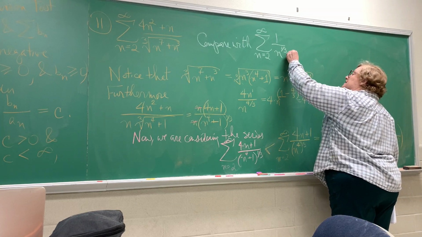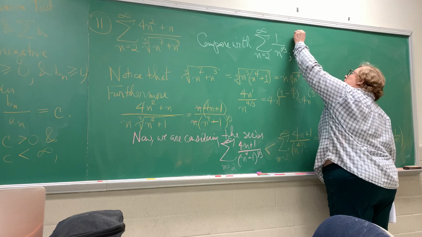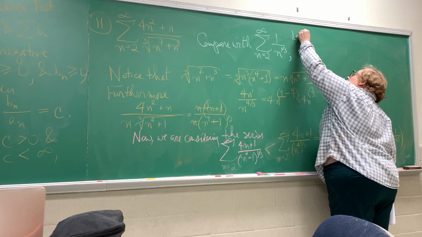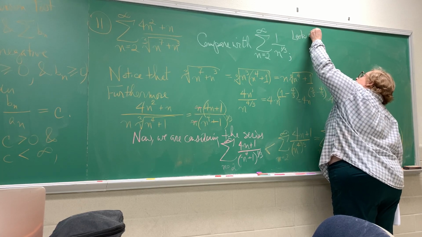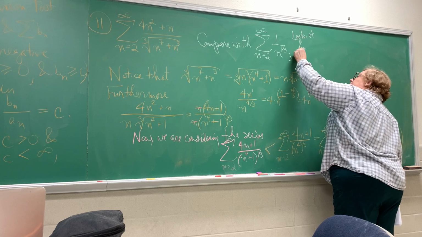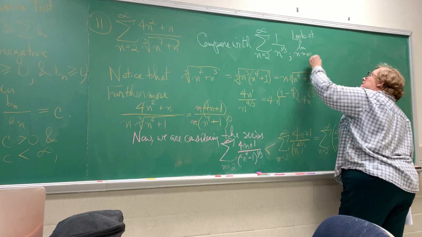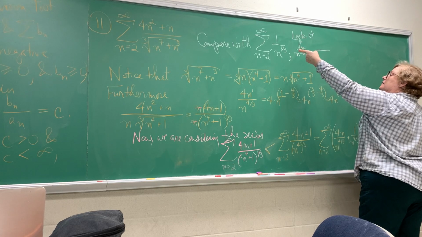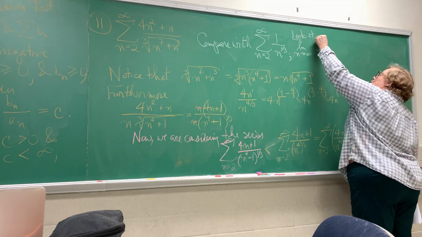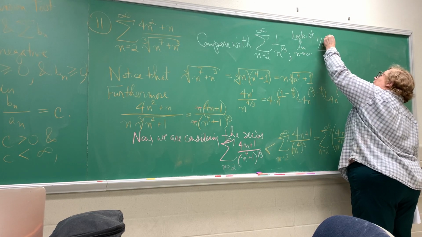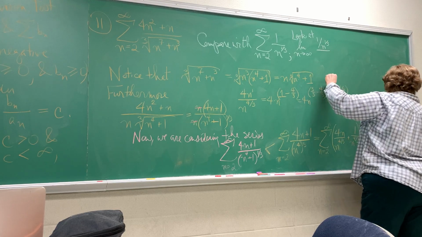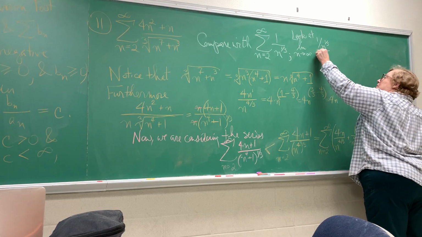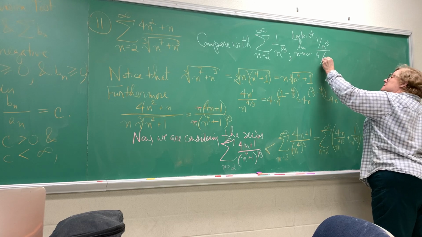So we're looking at the limit as n gets infinite. We want b sub n on top, so 1 over n to the 1/3, and a sub n on the bottom, the one we're comparing with.